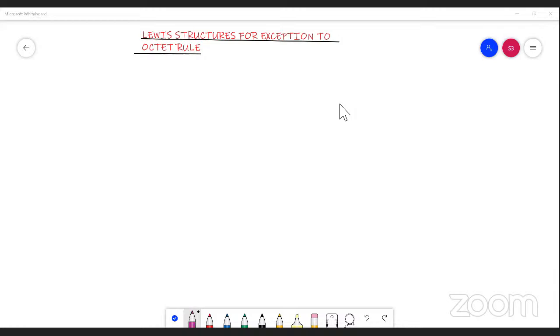Today, we are taking the Lewis structure for exceptions to the octet rule. What is the octet rule? Any atom's electronic configuration is most stable when it attains the octet structure. An element reacts with another to attain the stable noble gas electronic configuration, that is ns2 np6, the octet.